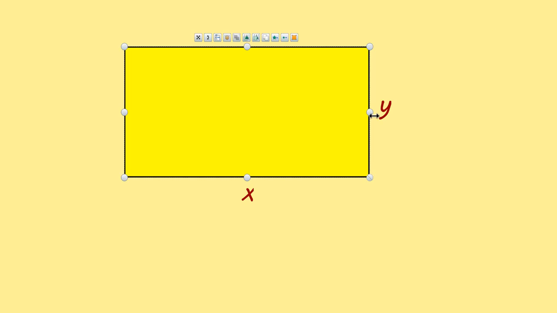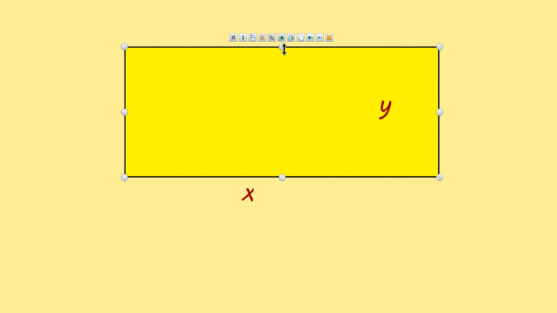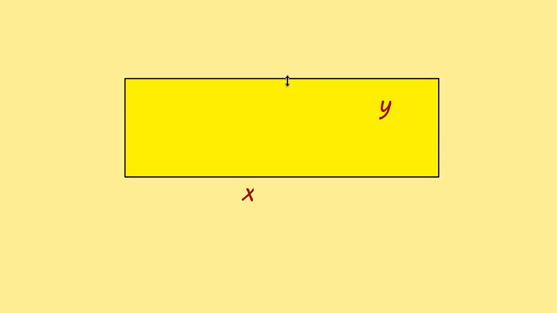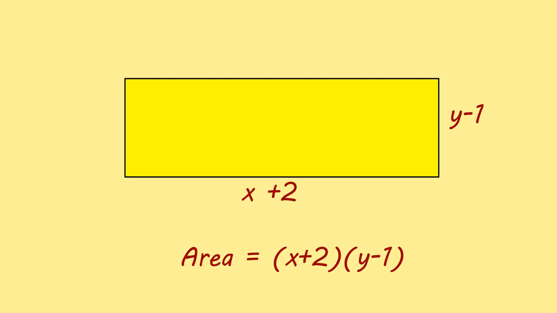Now, if I am increasing its length by 2 units and decreasing its breadth by 1 unit, how will you find out the area of this rectangle now? Now length is x plus 2 and breadth is y minus 1. So the area you can find as x plus 2 into y minus 1.